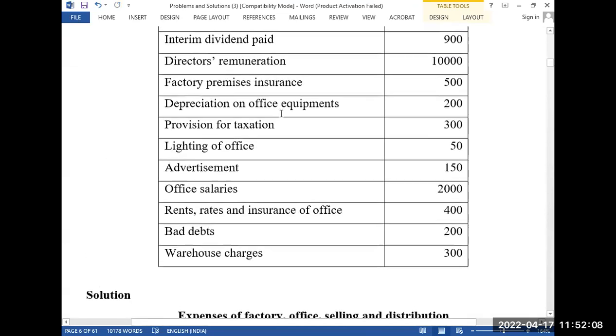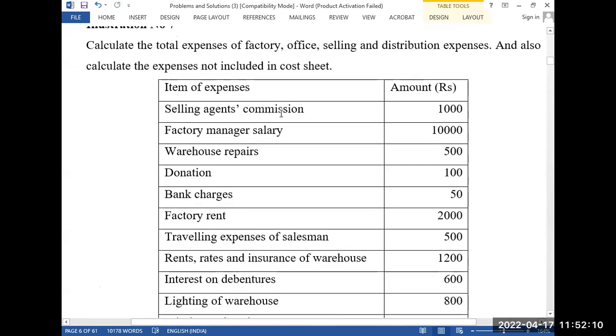Okay, this is a full-fledged question of cost sheet. Look at this. Calculate the total expenses of the factory. That means factory overheads, office overheads, selling and distribution overheads. Okay, this is not a cost sheet. This is again giving you some more chance of knowing all the expenditure with the numbers. So again, factory expenses. Can you identify all the factory expenses?